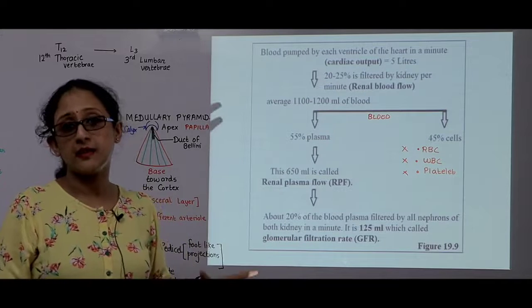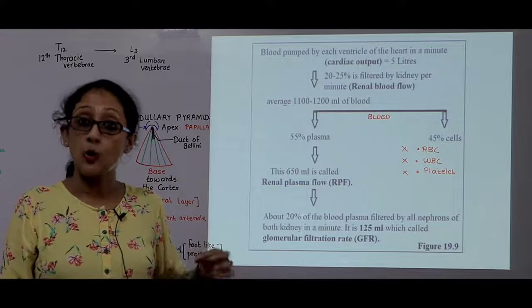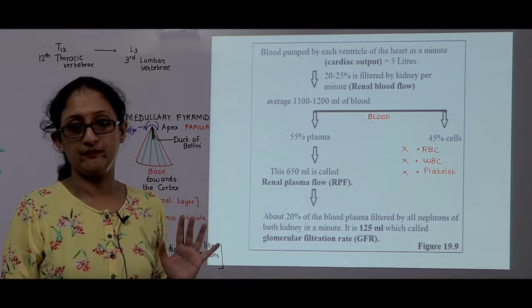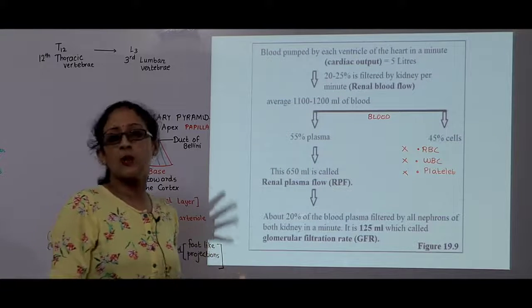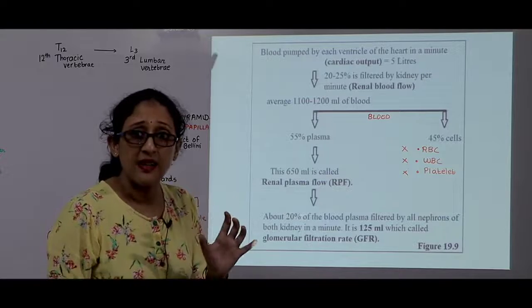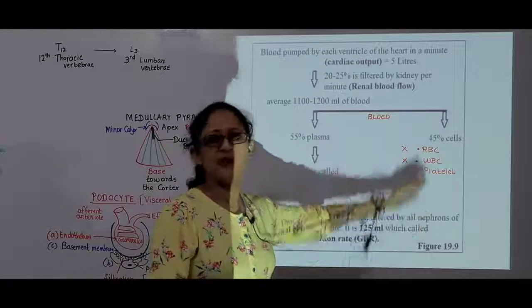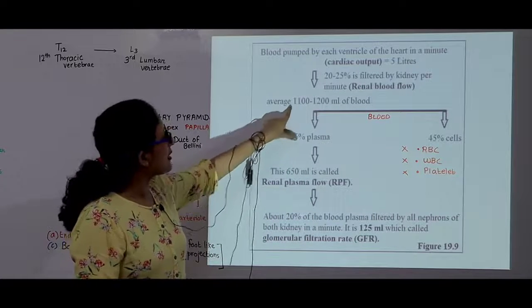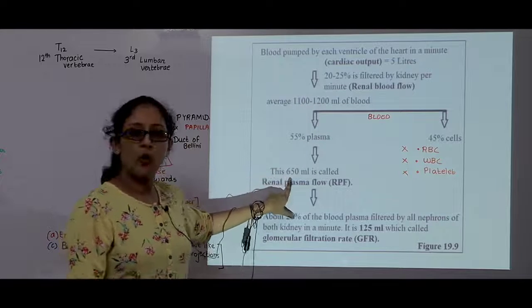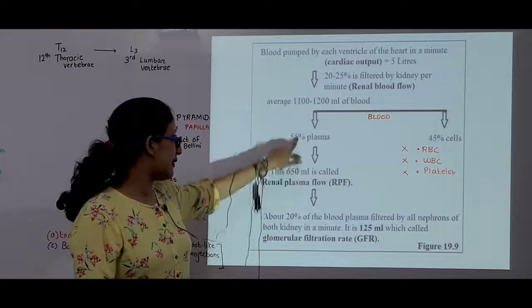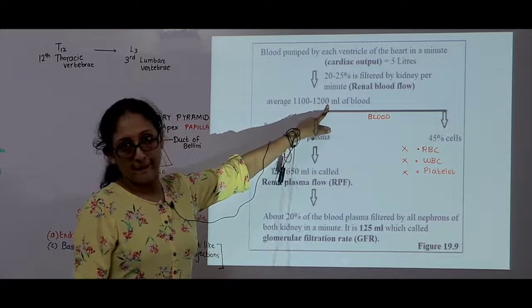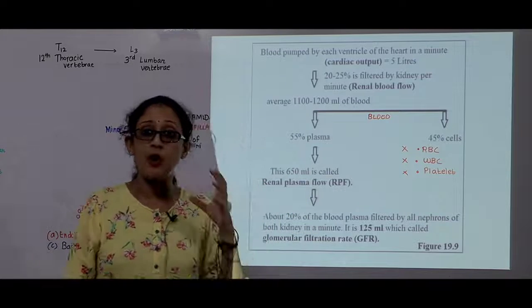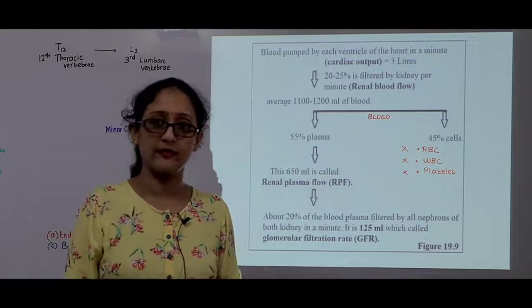From that 5 liters, 20 to 25% goes only to the kidneys, which is 1100 to 1200 ml. That blood also contains cells which are never filtered out. The plasma is 55% of this. They have taken an average value of 650 ml. So 650 ml is the renal plasma flow, the amount of fluid available to filter out.